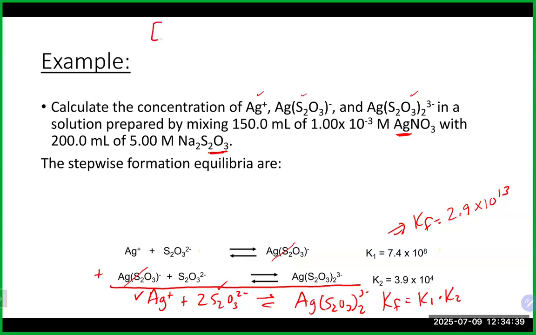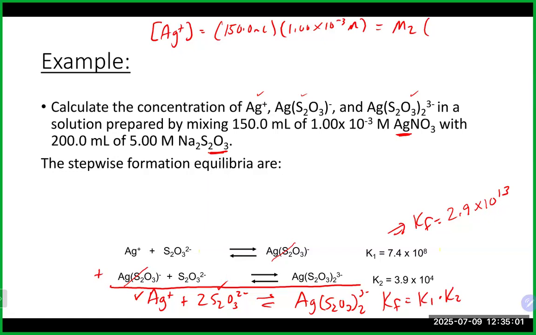So if I wanted our initial concentration of silver once we mix them, we would go 150 milliliters times the molarity of 1 times 10 to the minus 3 equals M2.